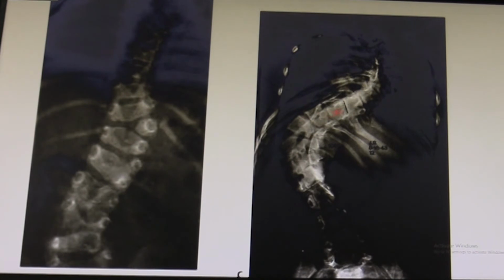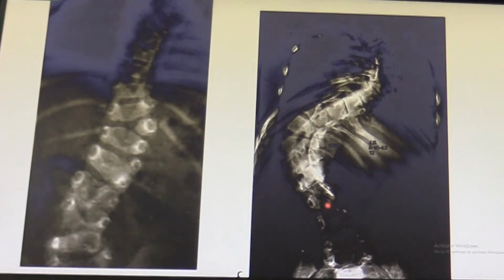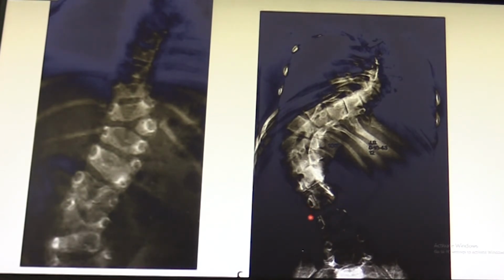Otherwise, we have a severe curve like this, which is more than 100 degrees, and it's associated with what we call malsegmentation. What is the meaning of segmentation? We can see that the vertebra is segmented. That means there is a space between one vertebra and the other, above and below, that is filled with the disc and can cause the movement of the spine.